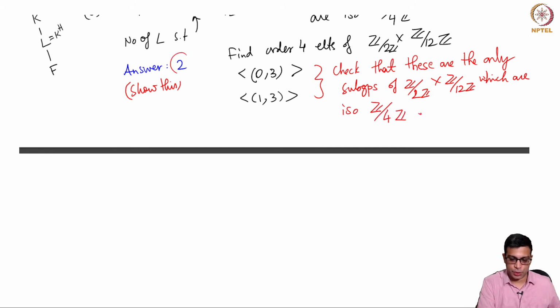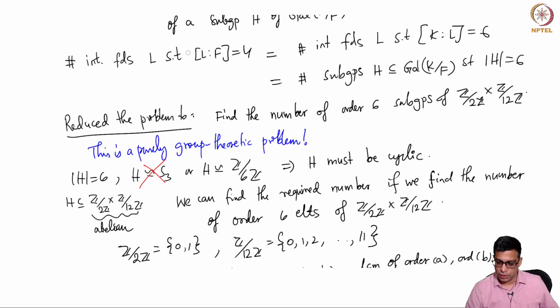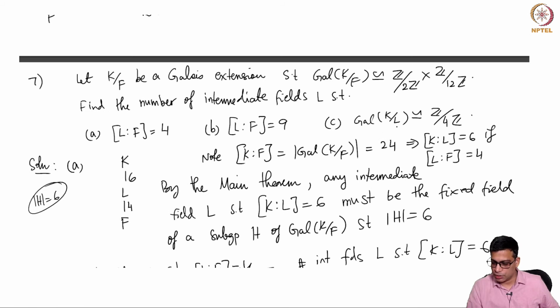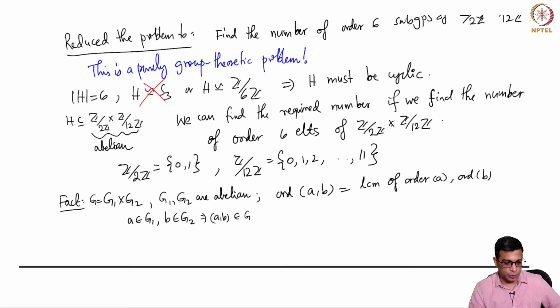Okay, so the answer is 2. So part C has answer 2. So the number of intermediate fields L with Galois group of K over L isomorphic to Z mod 4Z is exactly 2. Okay, so let me now continue to the next problem.